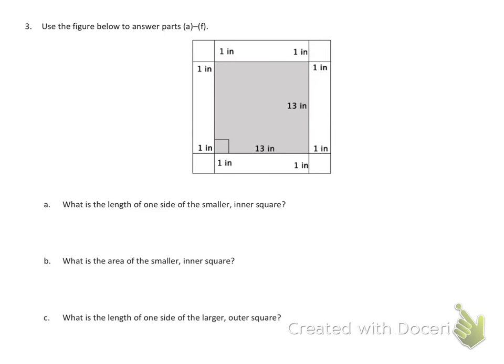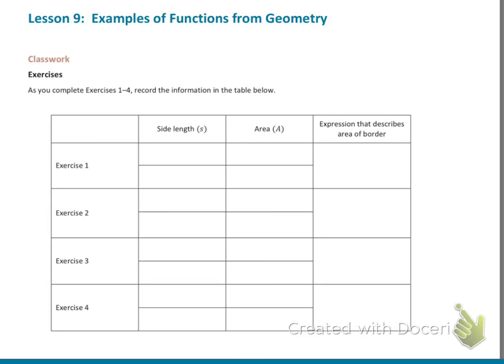Before we do one more, let's go back and record our answers on the table in the front. This table could have a little bit better design, but basically we're recording the inside dimension and the area, the outside dimension or side length, which was 8, and that area, 64.